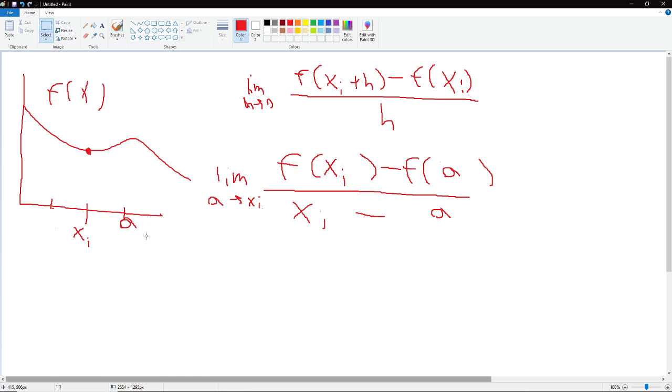So what's happening here is this value is slowly getting closer to our xi, and we are taking that average rate of change as it approaches it. Eventually, once a is at xi, we will just get the instantaneous rate of change because there is no difference between these two values.